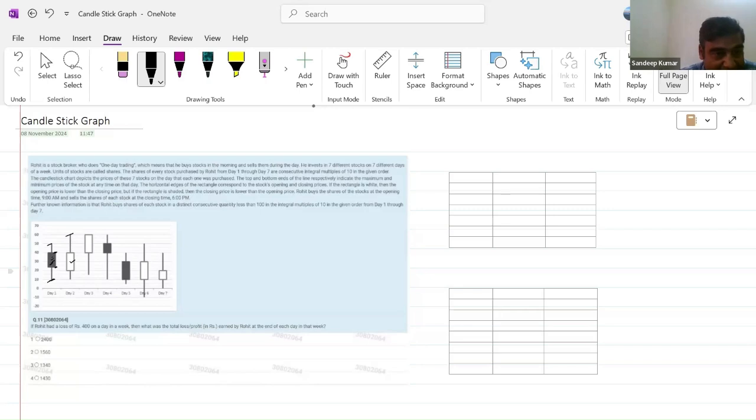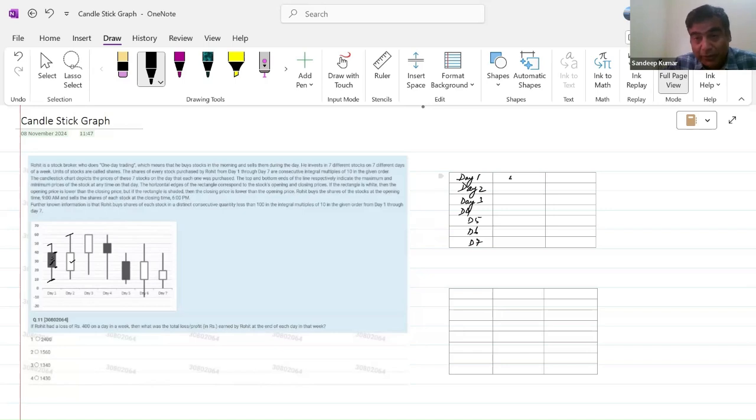If we see the figure, the closing price is close to 24. So the opening price, since it's a shaded rectangle, is higher than the closing price.